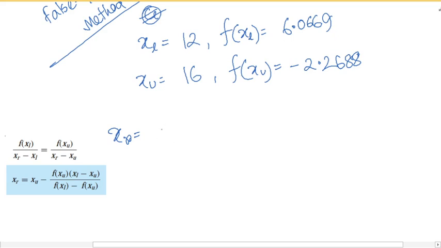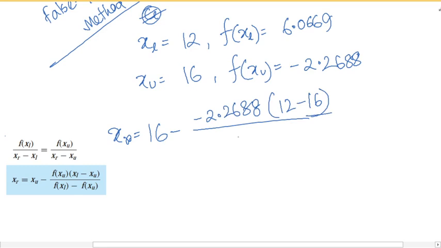So xu, that is the value 16, minus f(xu), that is minus 2.2688, times (xl minus xu), that is 12 minus 16, divided by f(xl), that is 6.0669, minus f(xu), that is 2.2688, I think.